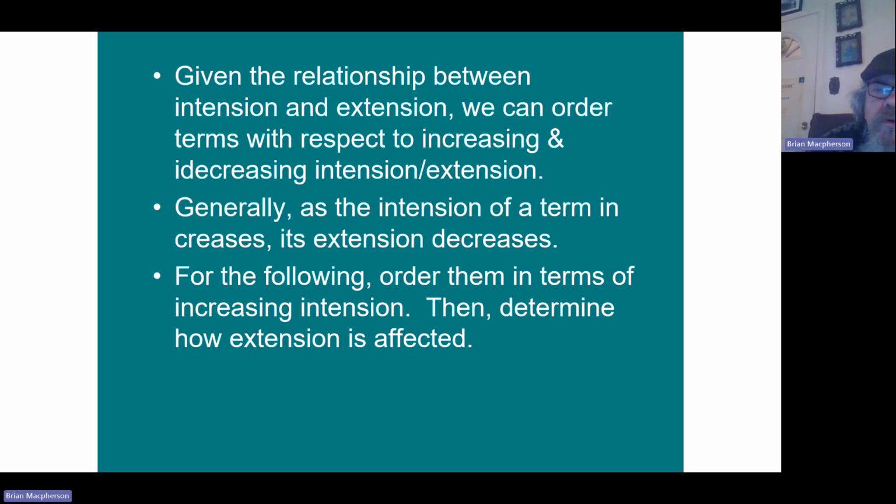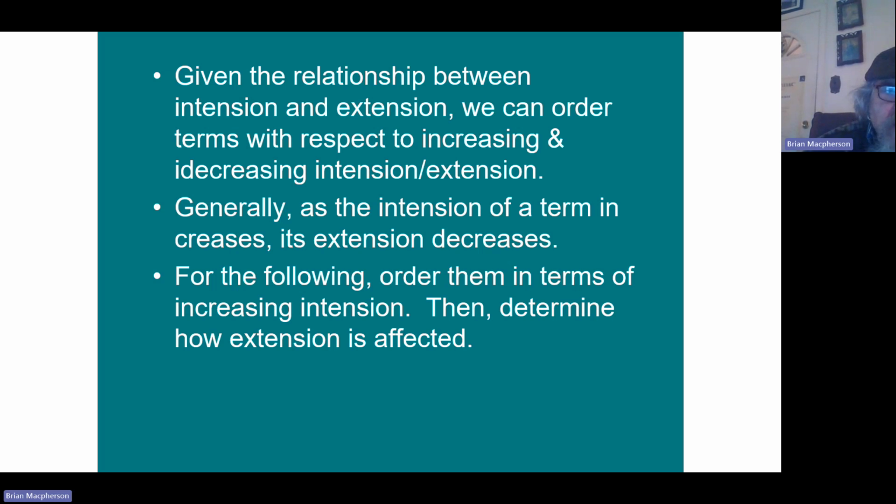So the general rule of thumb is that the intension of a term, the list of attributes that it has, determines its extension. Being three-sided determines triangles. Being three-sided with all sides equal determines a lesser set of triangles, namely equilateral triangles.